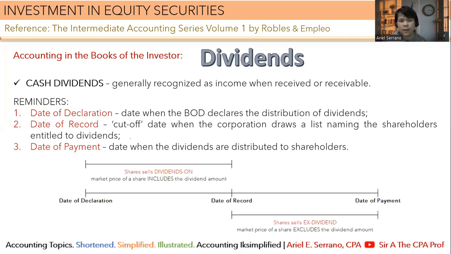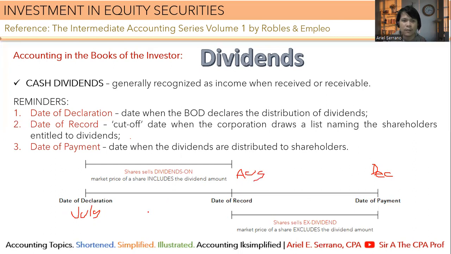So, tatlo, di ba? Date of declaration, date of record, date of payment. So, kung sakali man, dito in example ko, nag-declare ako ng dividend, July. Ang date of payment ko, kunwari, ay katapusan, December 31. Tapos, ang cut-off ko, katapusan ng Agosto, August 30.